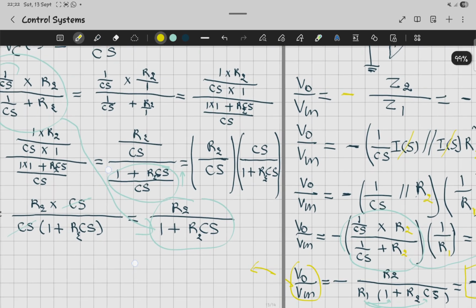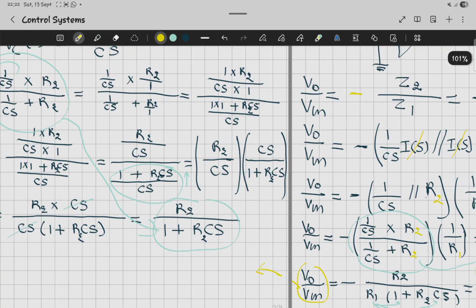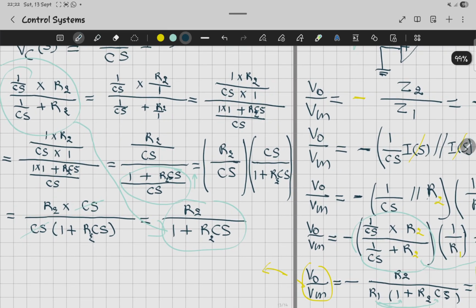What you're going to get for V out, you have something like this: V out in S domain. Remember, everything here is just in S domain. If I have to specify, this is S domain.